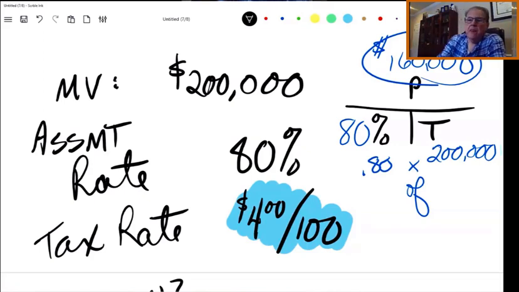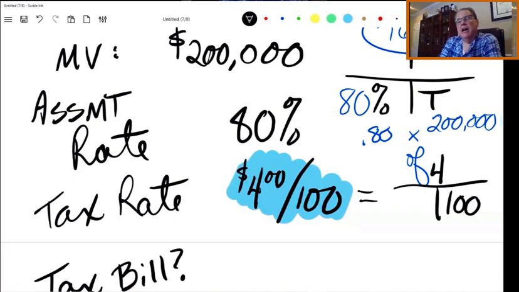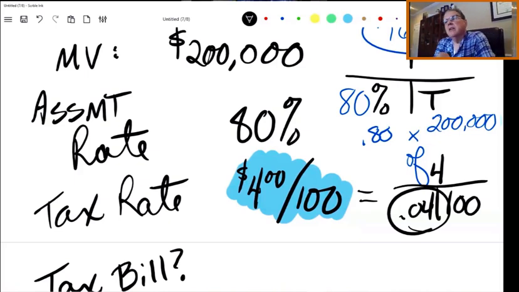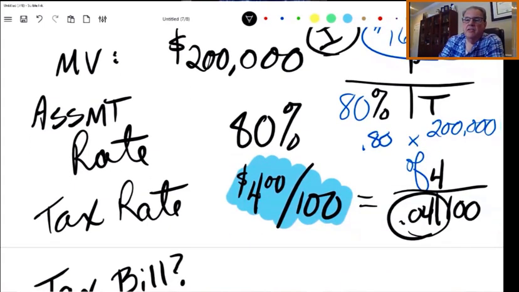So the tax rate is 4 per 100, it's another T. $4 for every $100 of assessed value. And that's 0.04. So the tax rate is really 0.04. So this is the first T we used. Here's the second T we've used.